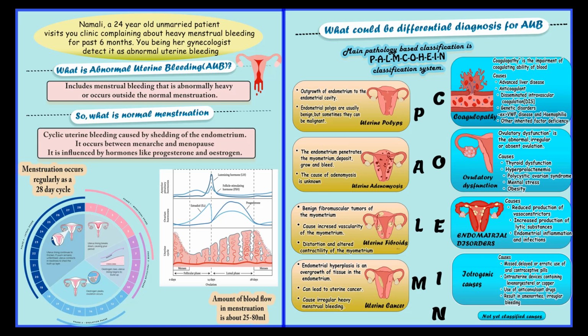This is bleeding due to factors that are artificially created, for example, intrauterine contraceptive devices, use of anticoagulants like warfarin for another medical condition, and use of antibiotics and anticonvulsants. The final one is the non-classified entities, for example, chronic endometriosis and arteriovenous malformations. Thank you.